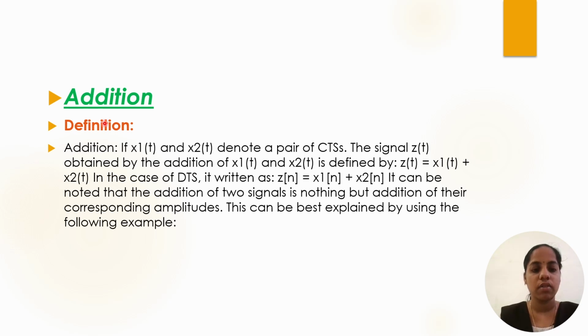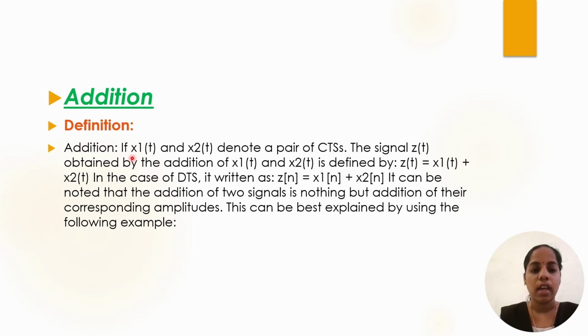Next, addition of signals. Let x1 of t and x2 of t be denoted as a pair of continuous-time signals. The signal z of t obtained by the addition of x1 and x2 is defined as z of t equal to x1 of t plus x2 of t.